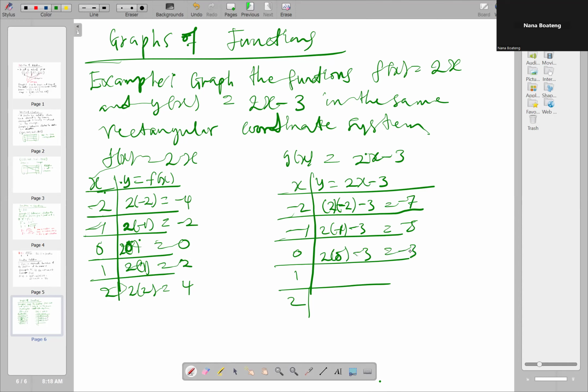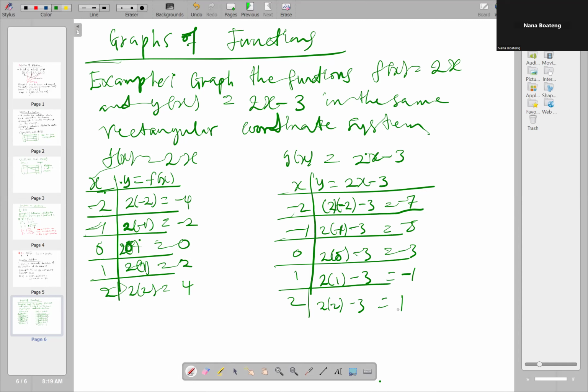If x is 1, we have 2 times 1 minus 3, which gives us negative 1. And if x is 2, we have 2 times 2 minus 3, which gives us 1. All right, so we have a set of ordered pairs for x and y for the two functions.